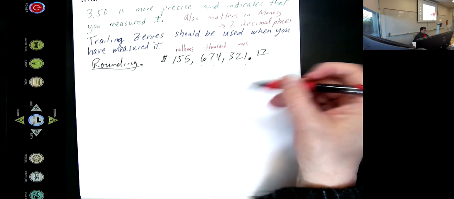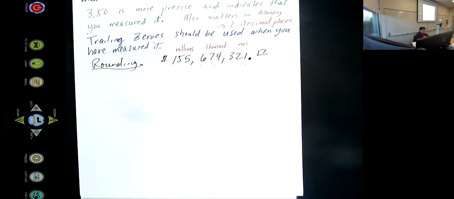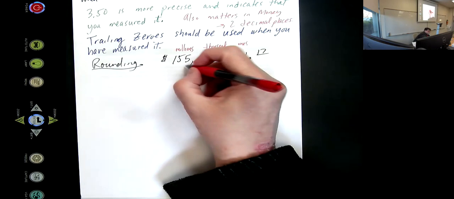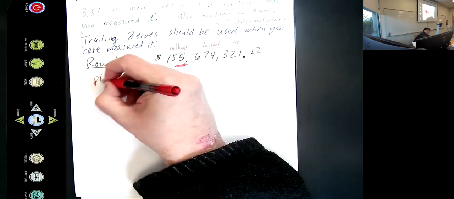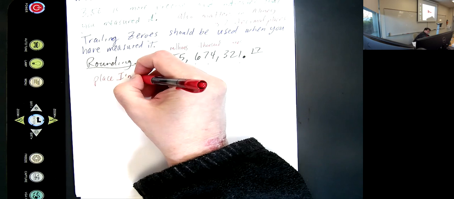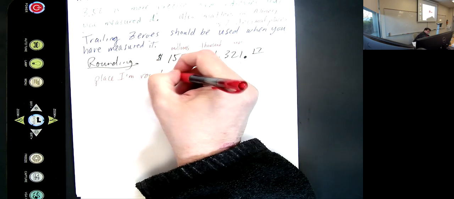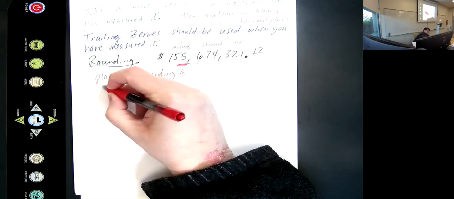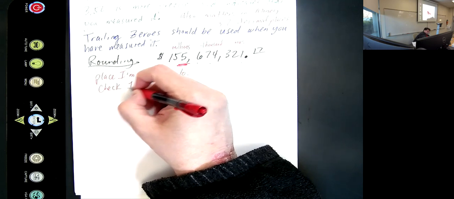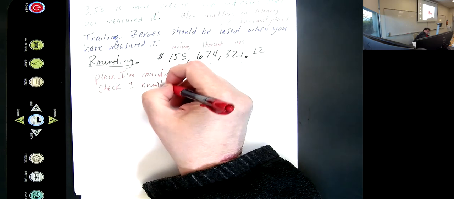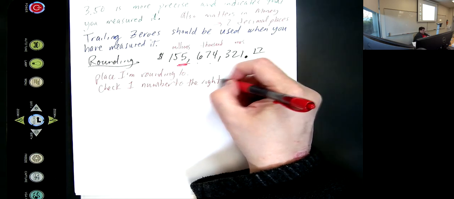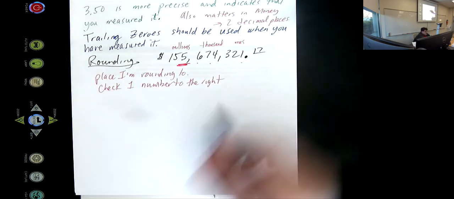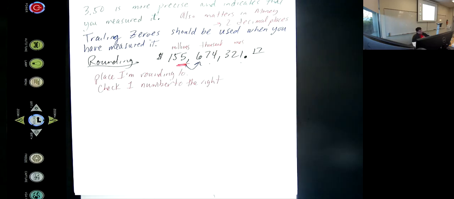So if I wanted to do that, what you do when you round is take the number you're rounding at. This is the place I'm going to round to. Check one number to the right. So I'm going to look at the 6.